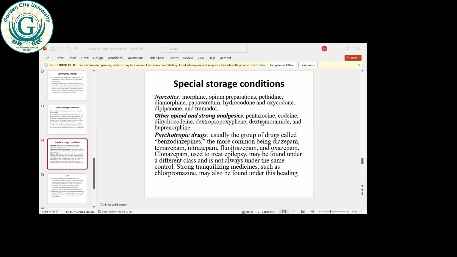So we have other opioids and strong analgesics: pentazocine, codeine, dihydrocodeine, and a lot of other items that are also controlled. You can't just sell them anyhow. It is not open, even if you have them in the facility. You are only giving those drugs under special conditions.